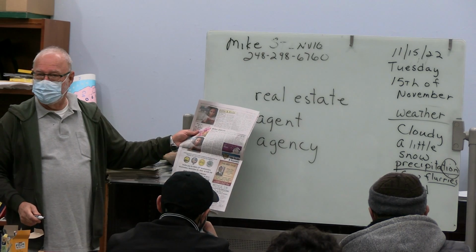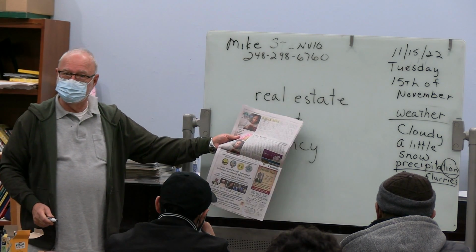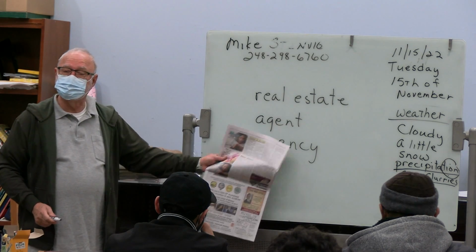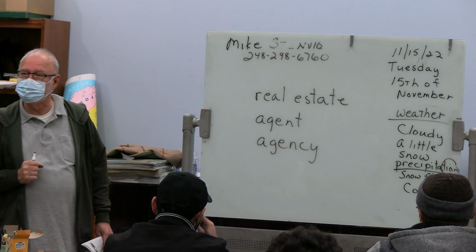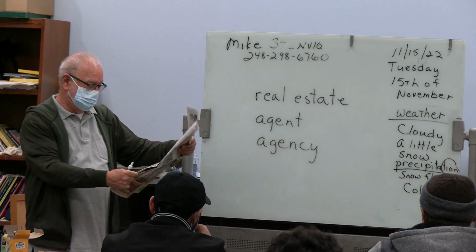When you want to buy or rent real estate, you go to a real estate agent. Agent, the person. The company, agency. Here's one right here.